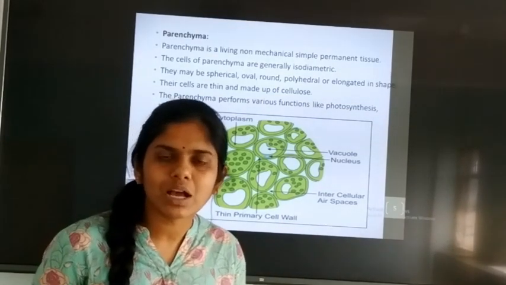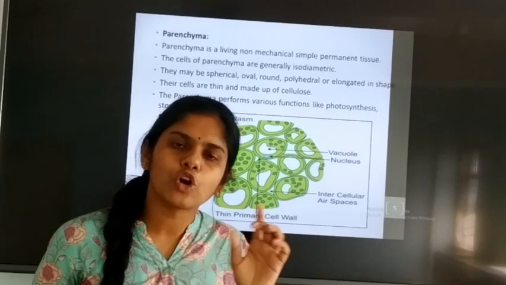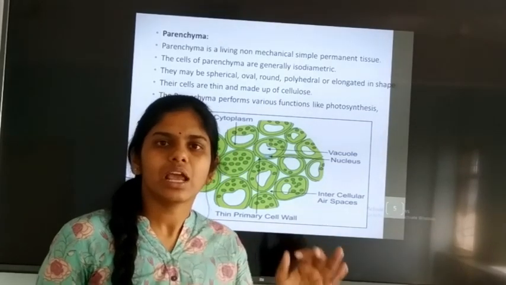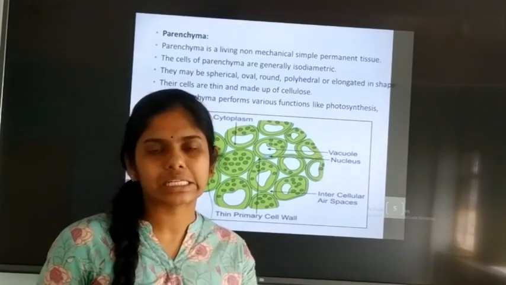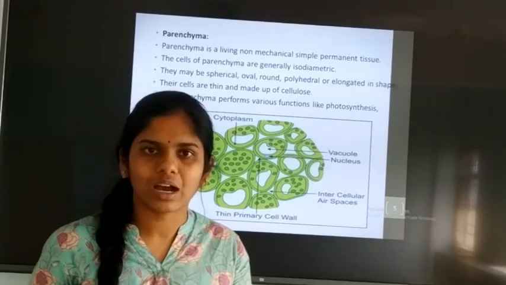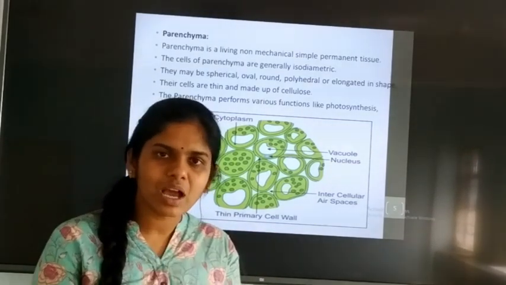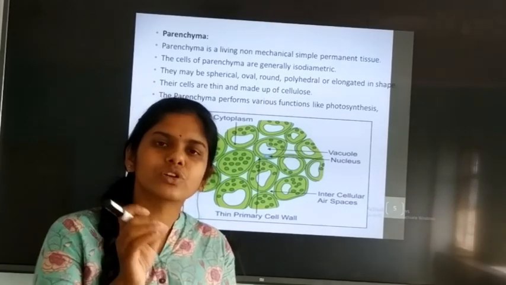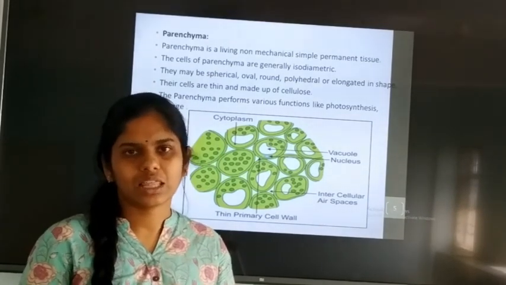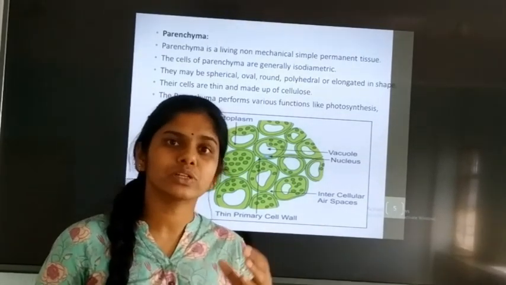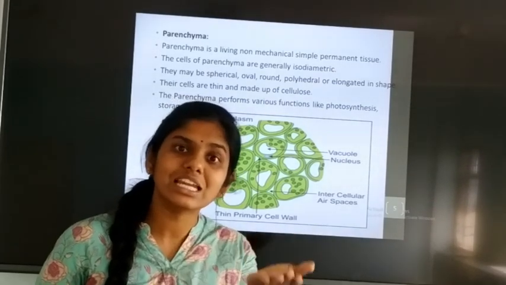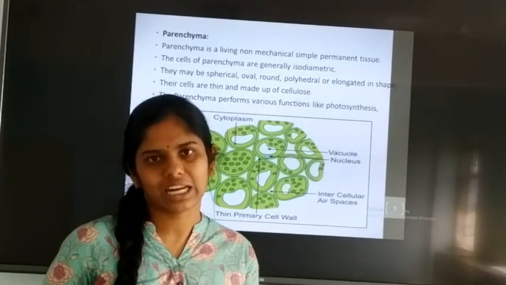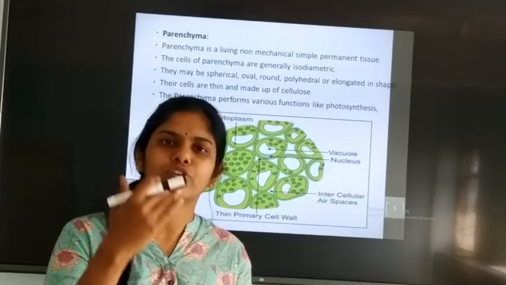The parenchyma cell which consists of chloroplast is called chlorenchyma. Chlorenchyma is helpful for photosynthesis. Most of the chlorenchyma cells occur in the leaf part, so it is helpful for the photosynthesis.